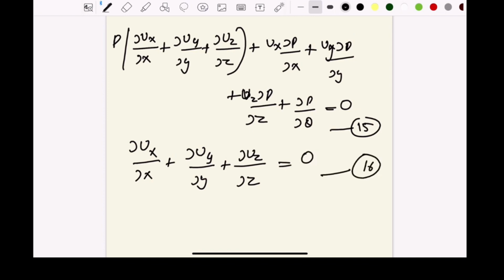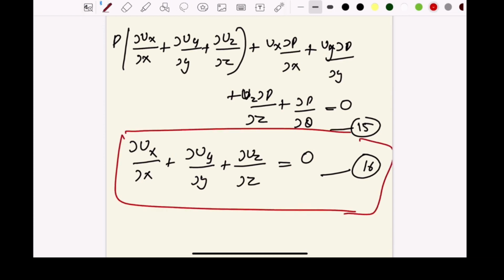This relation is very important, and this is called the equation of continuity for a total substance.